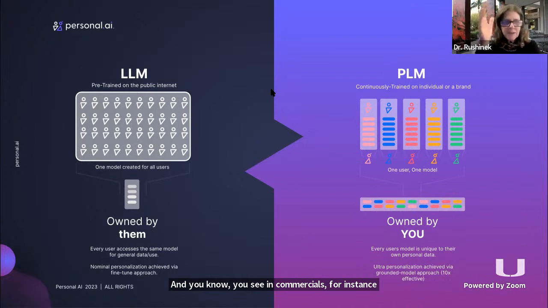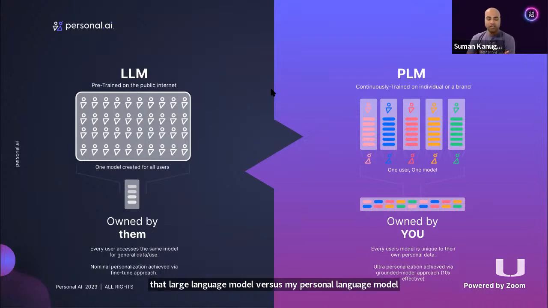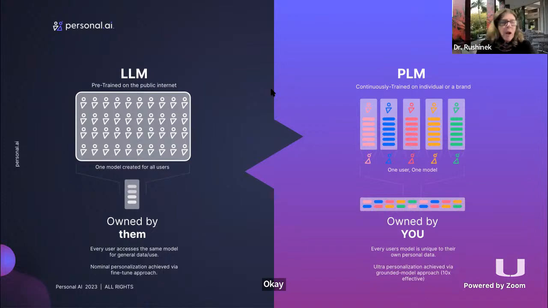Something with the duck, they're spying on me type of thing. So is this kind of equivalent to that, large language model versus my personal language model? Yeah, I mean, you can definitely think about a large language model as everything that is accessible out there on the internet that you can potentially search, right?